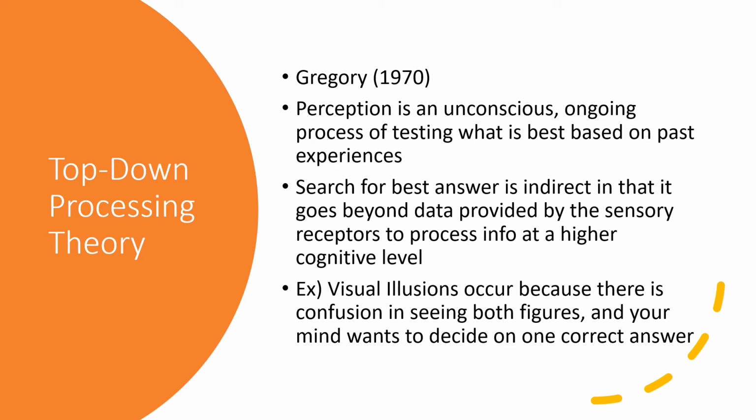And we search for the best answer. It's often an indirect process in that it goes beyond just data provided by sensory information. We oftentimes will go based on what our past experiences are in order to process an event occurring.